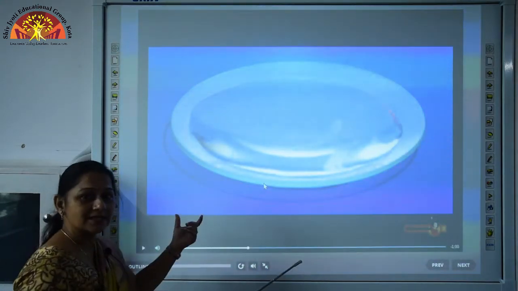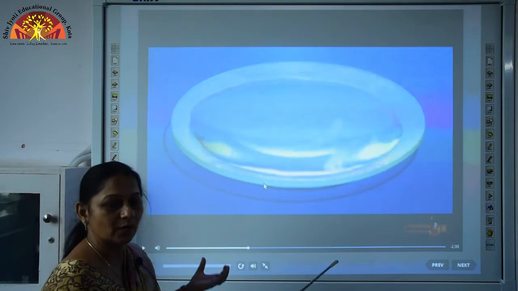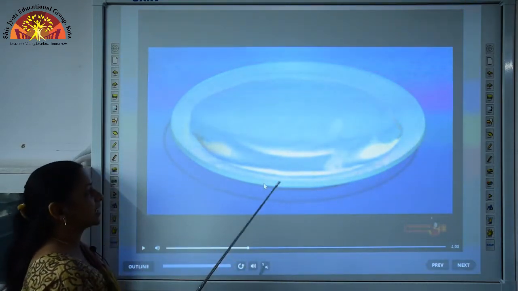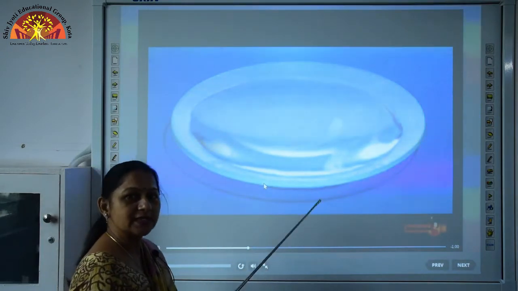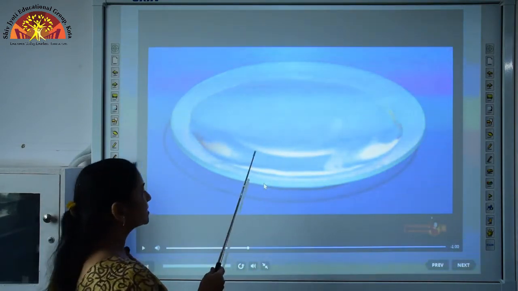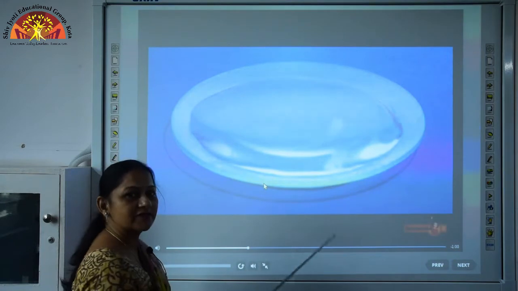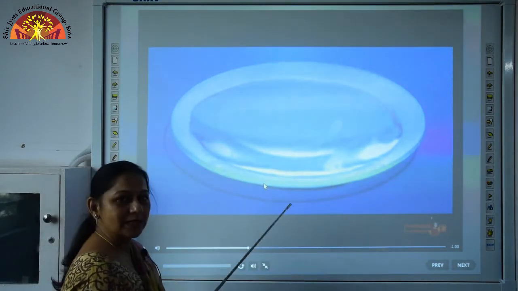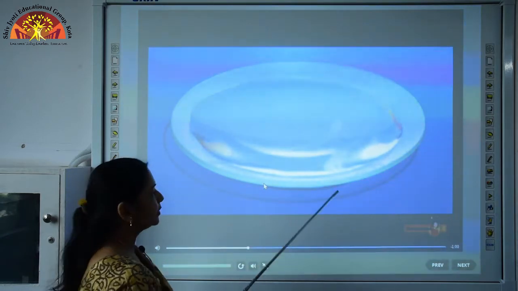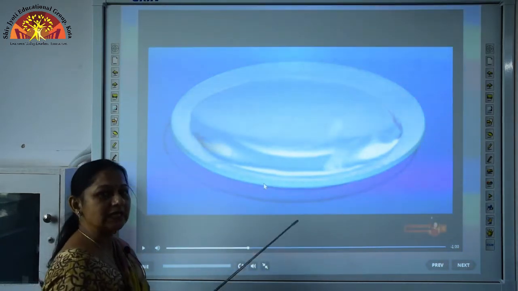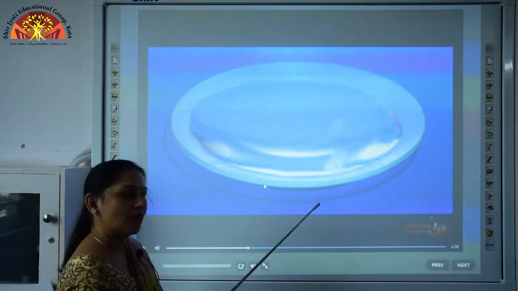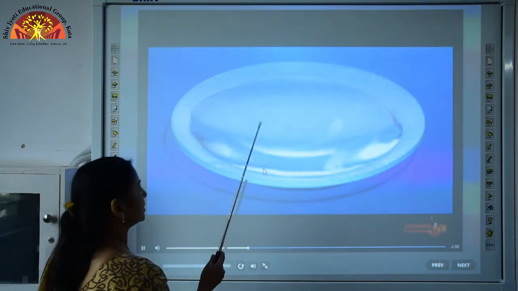Now, when this solution of salt and water is left overnight or for a longer period of time, the water converts into vapors and the salt is left behind. So, this is a way of separating soluble solids from liquids. This is a simple and very easy method by which we can separate soluble salts from water or any other liquid.